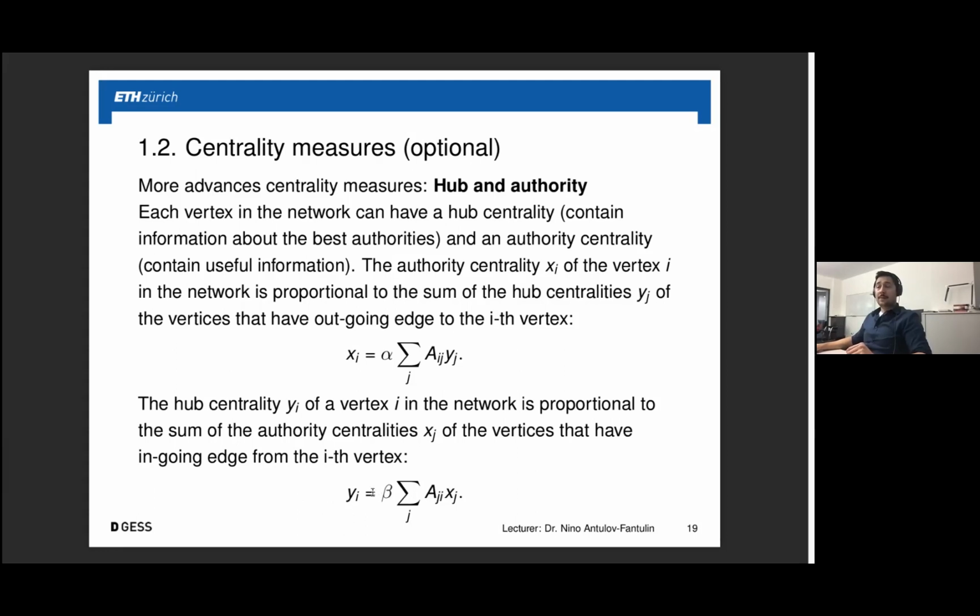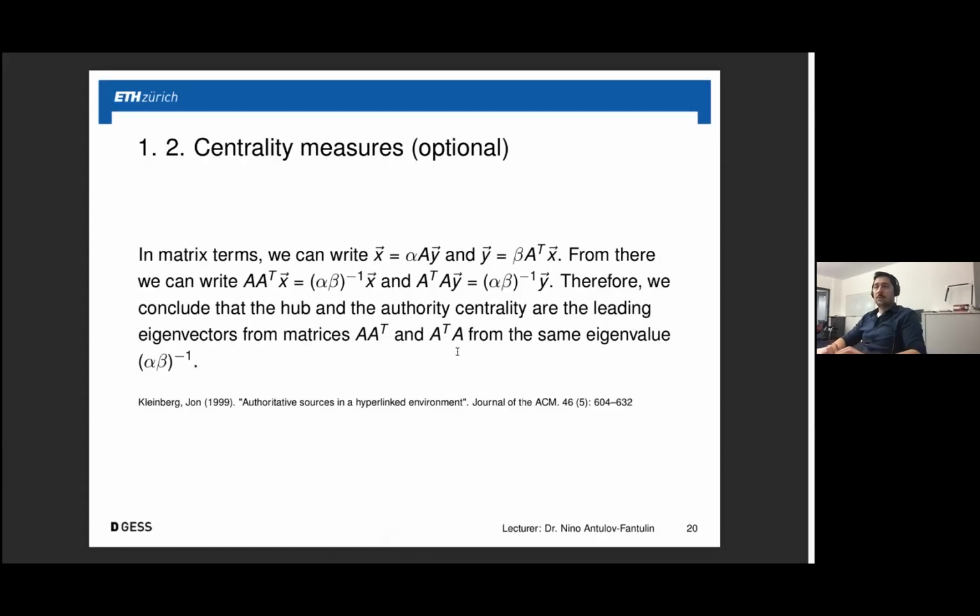Then the hub centrality of a node is proportional to the sum of the authority centralities. In this way you can define a centrality called hubs and authorities, and in matrix notation it can be written in the following manner.